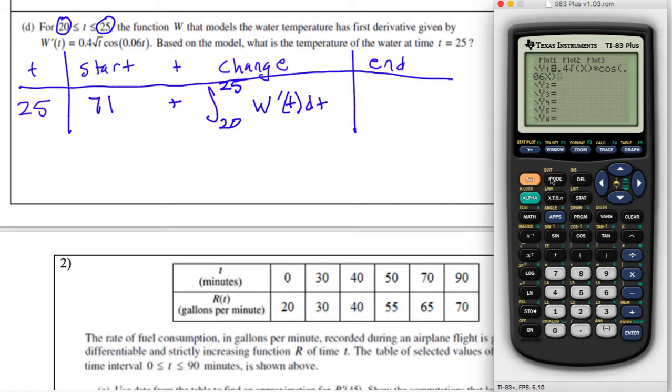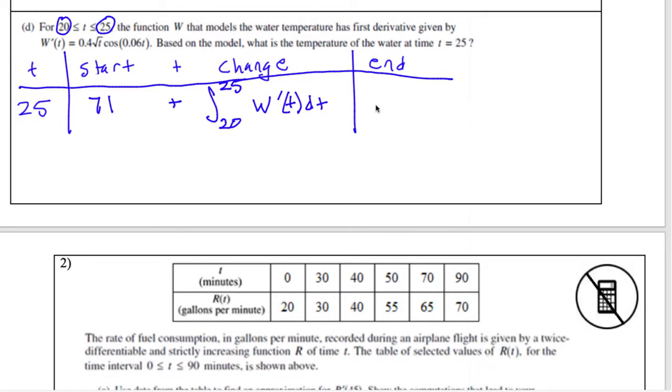So there's my y1 function, and then I can plug that in: 71 plus math 9, the integral, enter, the integral of y1 with respect to x, from 20 to 25. I've already included the initial condition in my calculator, so when I hit enter, that is my end value. I don't need to remember to add my start value. I included it. So my answer here is 73.043.